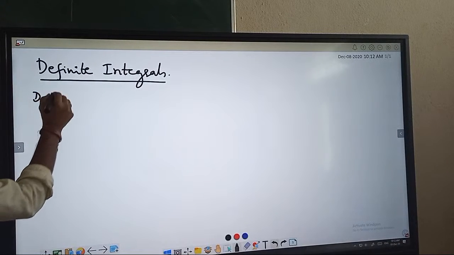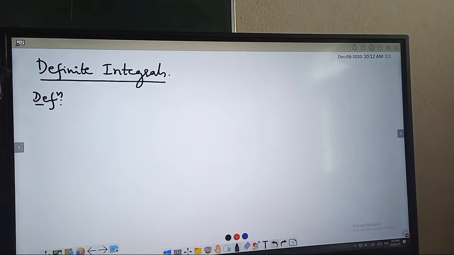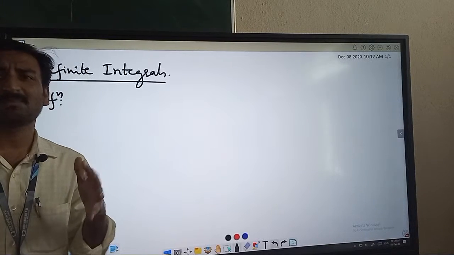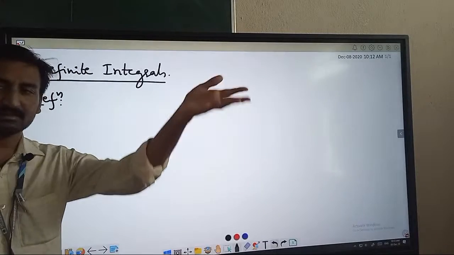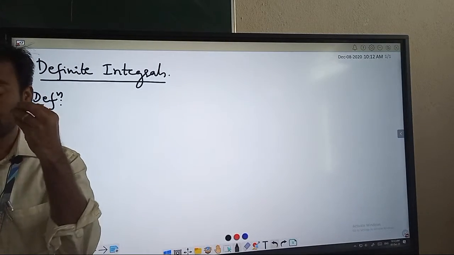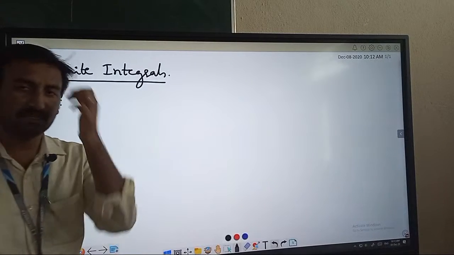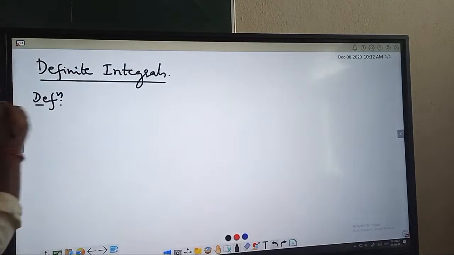See, we define it like this. First I write a simple definition. Actually, with a definite integral, we write it as the sum of all the areas, but we study that in detail in the next chapter, area under the curves. Here I just go directly through the definition.